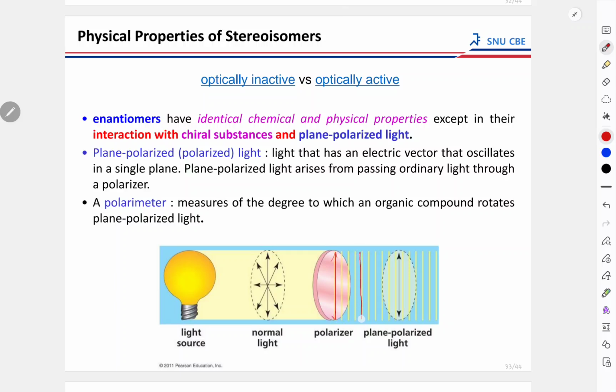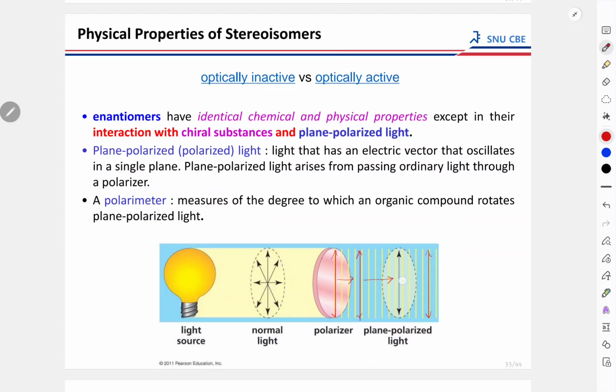Normal light will have all directions. But after passing through this polarizer, it will create this plane polarized light, and for this you need a polarimeter to measure the degree to which the organic compound rotates this plane polarized light. You have some chiral molecule, and you can imagine this plane polarized light will have some interaction, and this will tilt the angle of this plane. And you can measure that angle using the polarimeter.